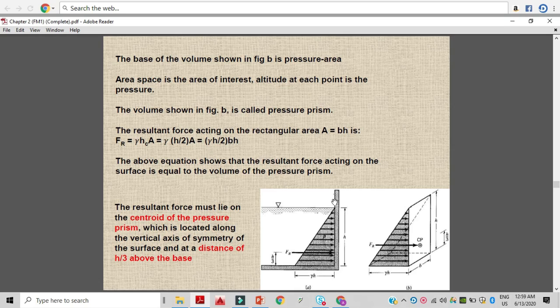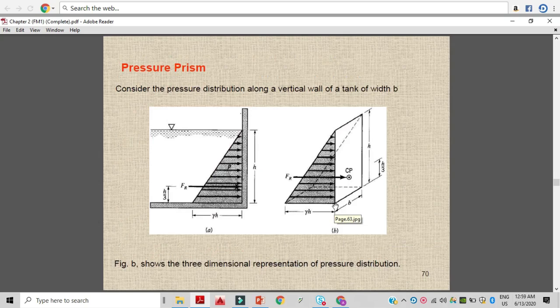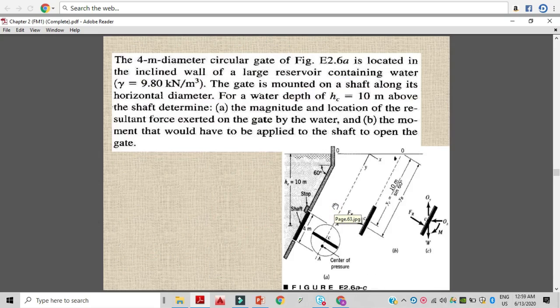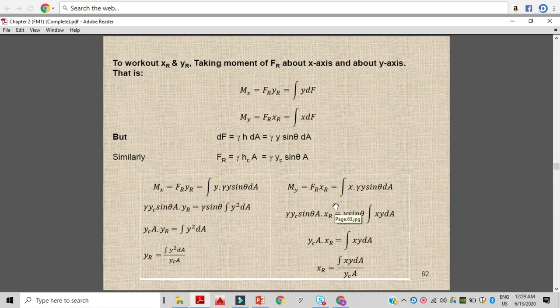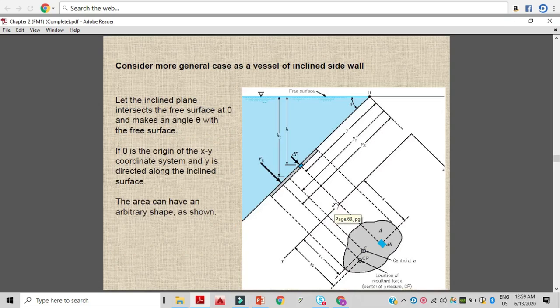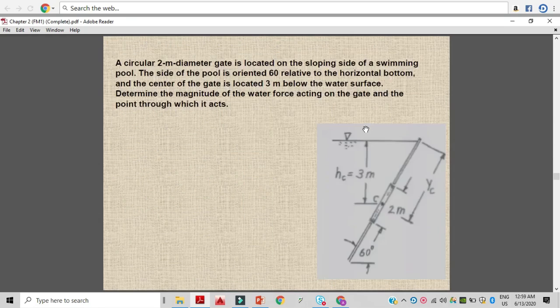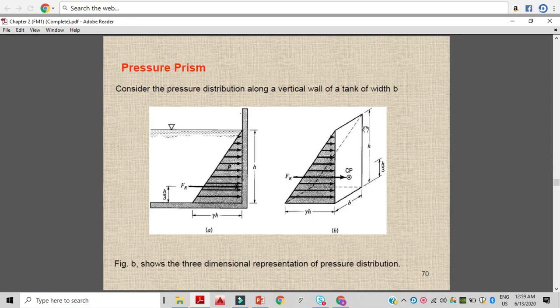If you have length, width and height, this is basically a special case of the case we discussed before. Here you can see this is the case. If you take theta as 90 degrees, the plate is going to be straight vertical like this. So this is the special case of the pressure prism.